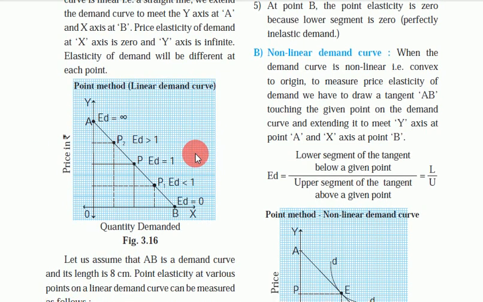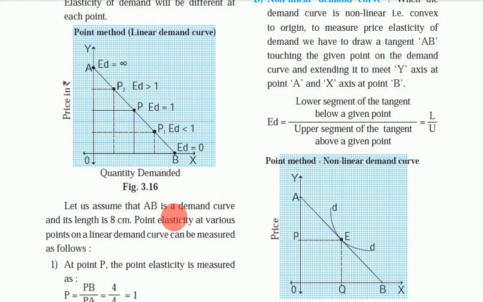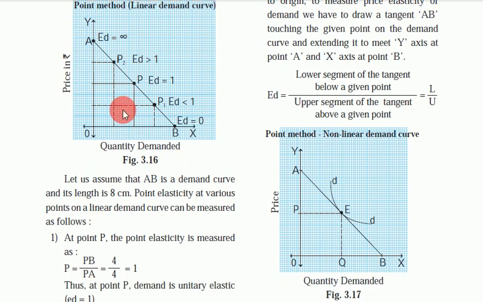Let us assume that AB is the demand curve. It is a straight line, and that will be called the demand curve. Point elasticity at various points on a linear demand curve can be measured as follows. Now here we will calculate the elasticity of demand at each and every point on the demand curve, that is P2, P and P1.